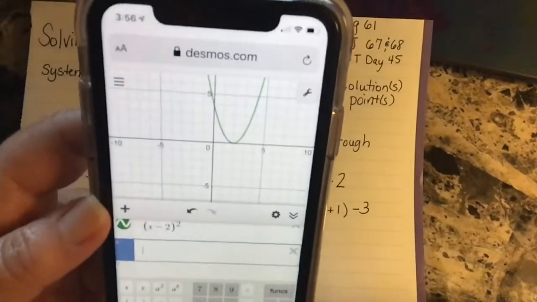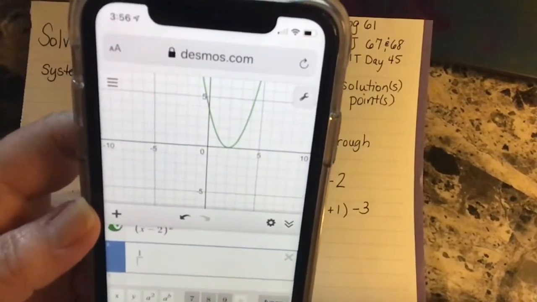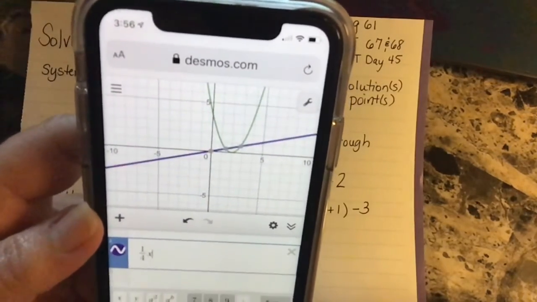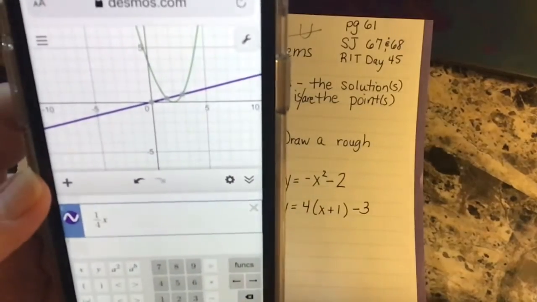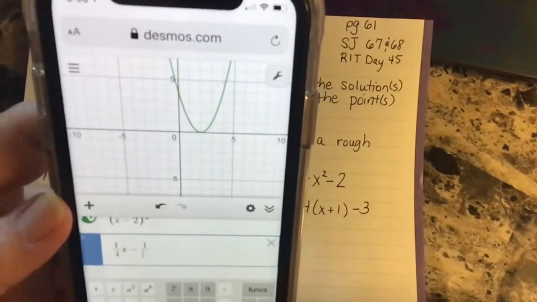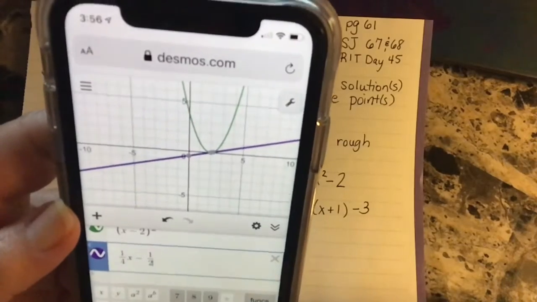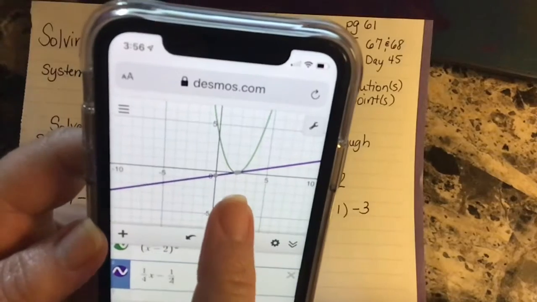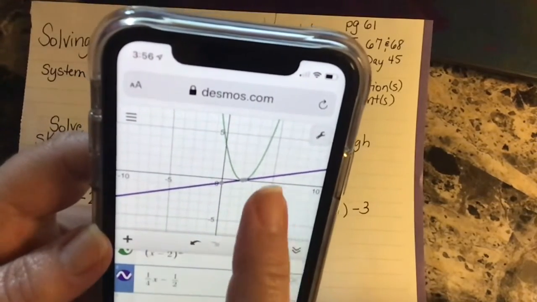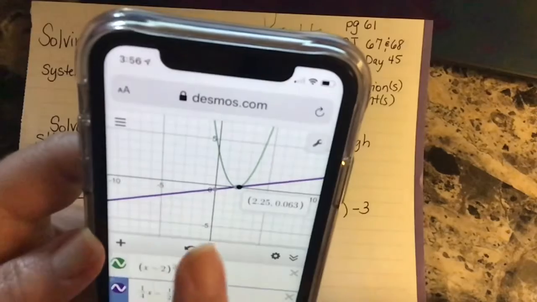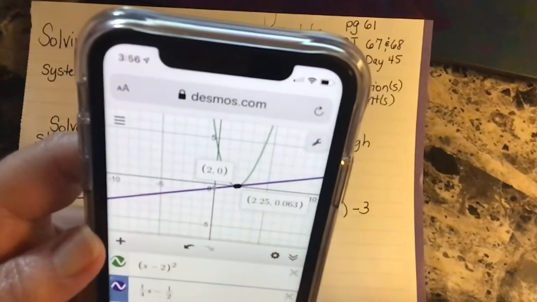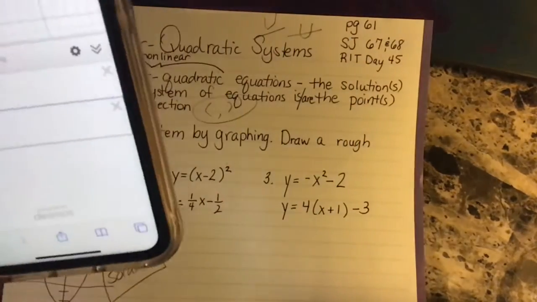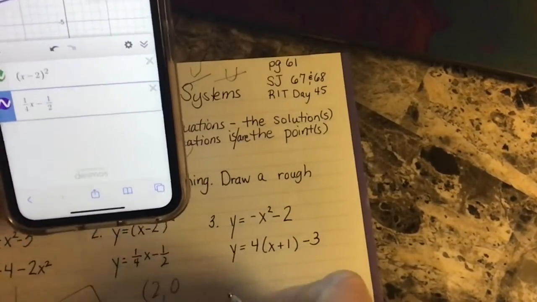And then 1/4, x minus 1/2. And there, green and purple. Where does the green quadratic and the purple line cross? It looks like they cross at 2, 0. So I'm going to put 2, 0 as my solution.